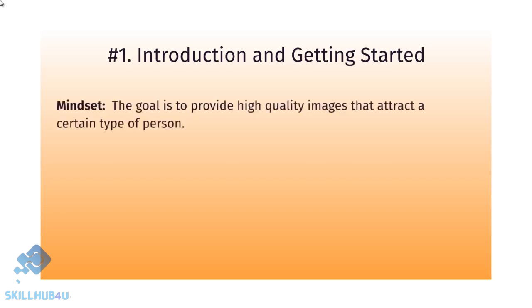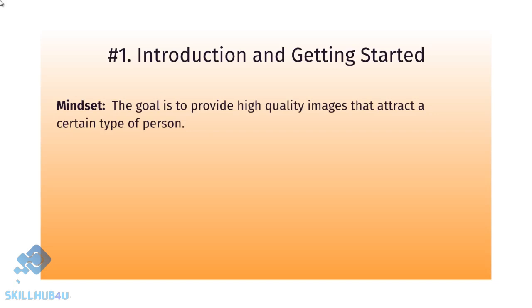Before we get started, I want to briefly go over a few things to make sure that we are on the same page. First things first, I want to start with mindset. The goal here is not to game the system at all, because Google image search is very different from other searches like YouTube and the regular SERPs.